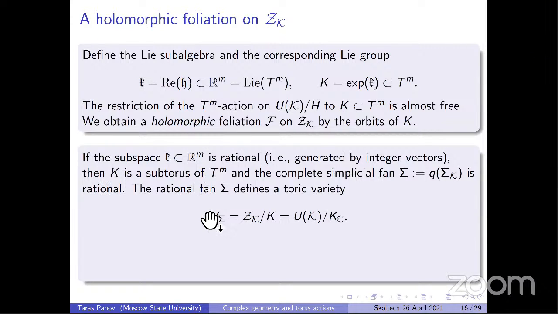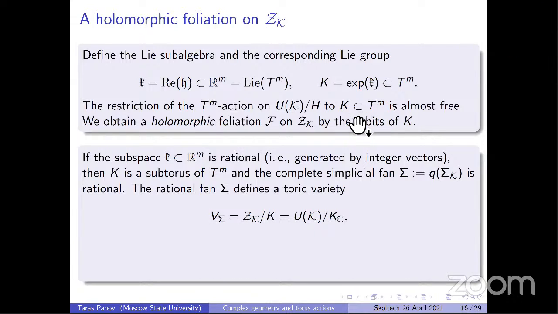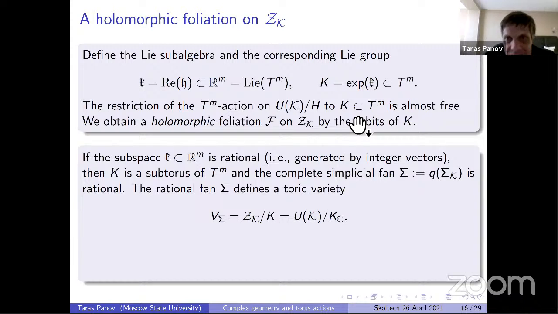Taras, are orbits closed for this foliation, for this action, or no? No, not necessarily. That's a major problem. I mean, you cannot just define the leaf space because it'll be some non-Hausdorff space. So the orbits in general are very far from being closed.